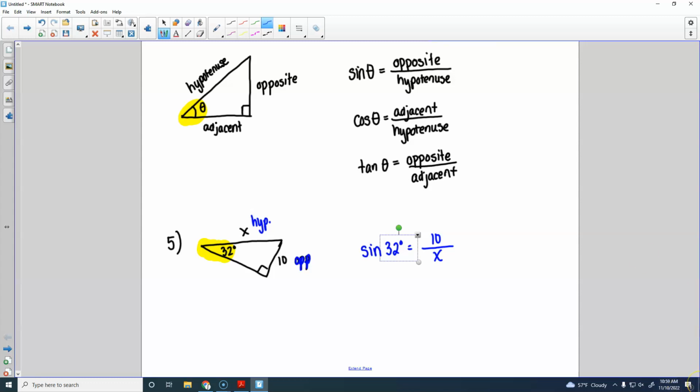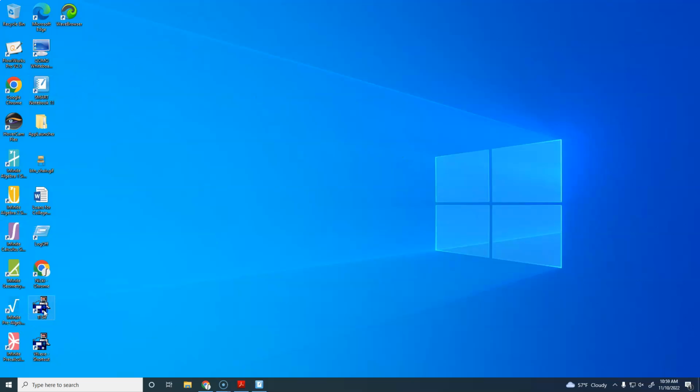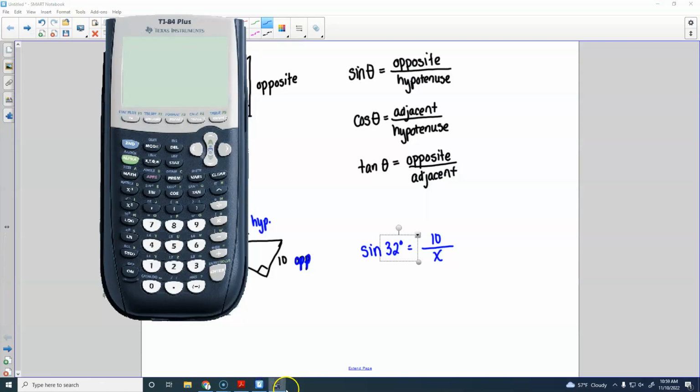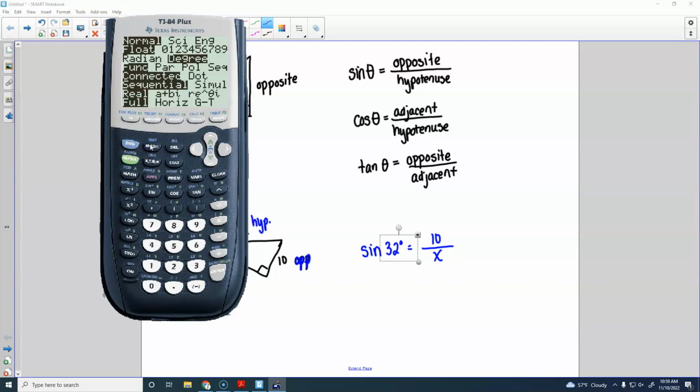And so I told you guys a minute ago to make sure that your calculator was in degree mode, because if you reset your calculator, it's going to go in radian mode. So if you hit the mode button, it's right beside the blue key here, and on that third line right there, you need degree to be highlighted. If it's not, just go over, hit enter so that degree is highlighted.